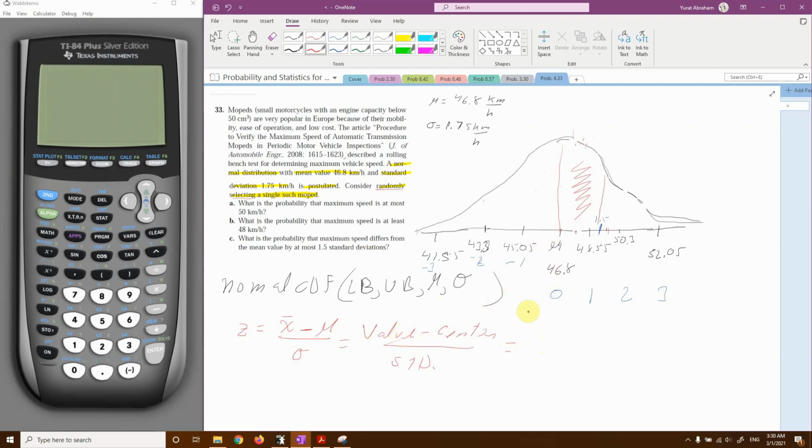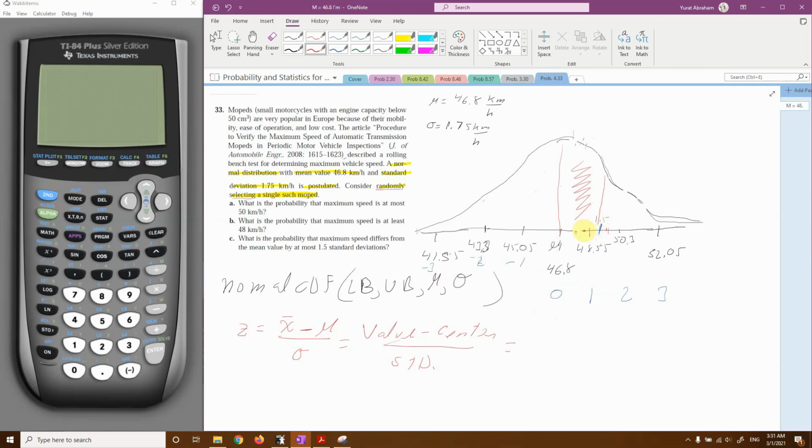So in this case, instead of using the actual values, I'm going to use the z-score values to solve this problem, since we already know that the z-score value of the mean 46.8 is 0, and they're already giving us the z-score of 1.5.